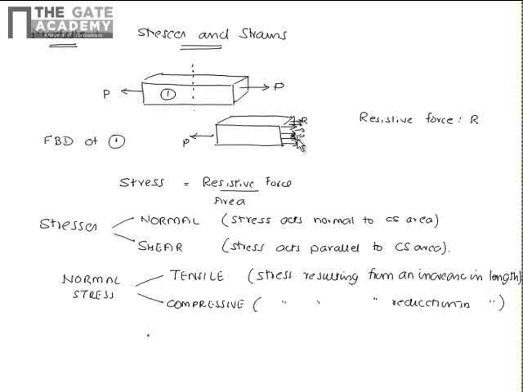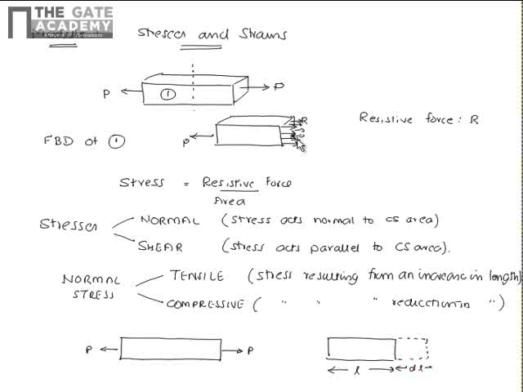And when the forces act on the body, as we have already seen, the body has a tendency to deform or elongate. When the force is acting, what happens to the body? A body which is initially of length L will undergo deformation by an amount dl, and we have a new term, strain, which is defined as the change in length to the original length.